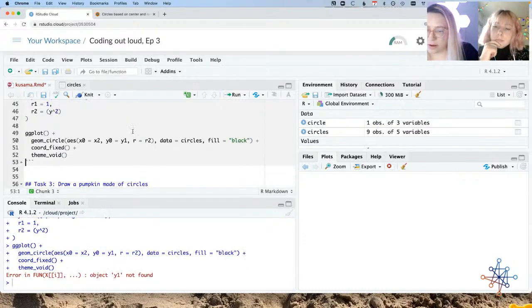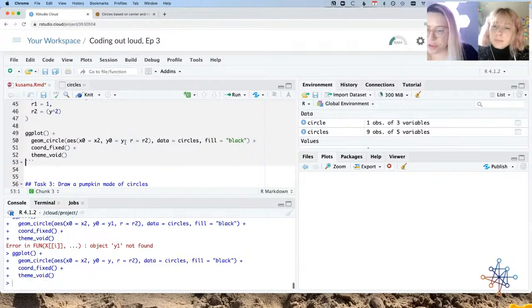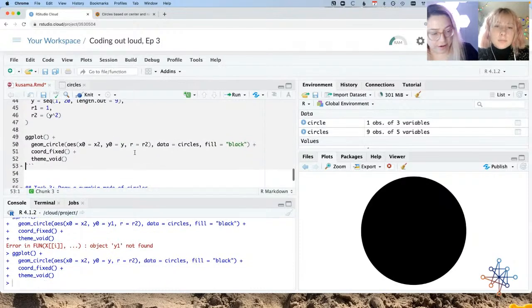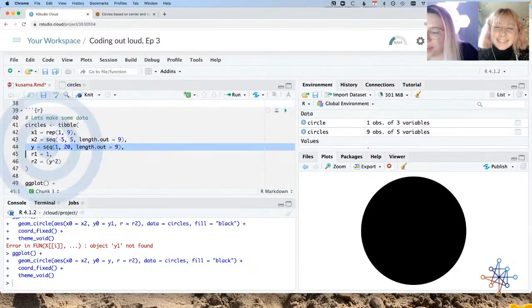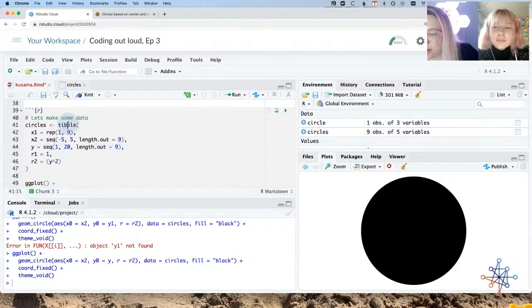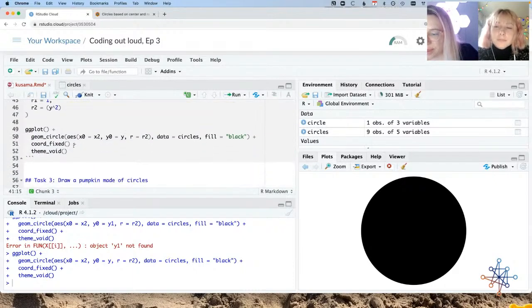Then it knows to use... So I think what was happening is that it didn't know to use a variable that you were constructing along the way. That's why it was complaining at me. When you create it as a tibble, it knows to use the ones that are constructed along the way.